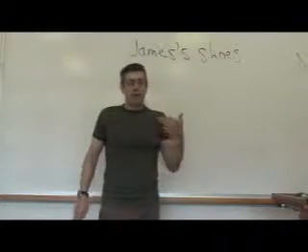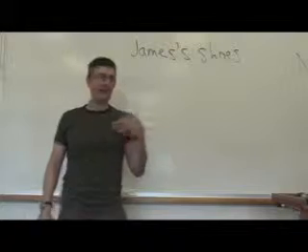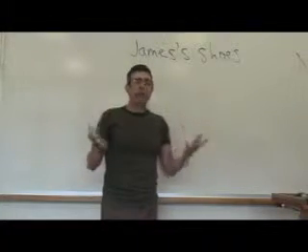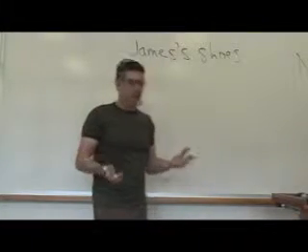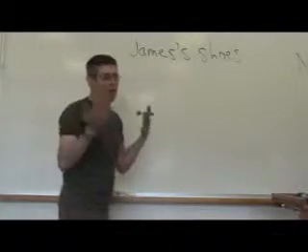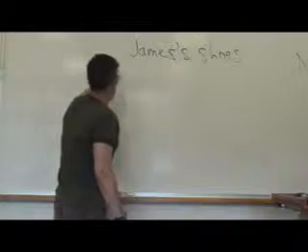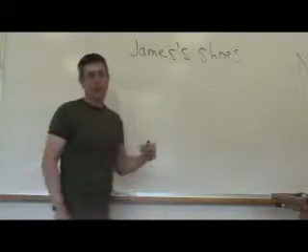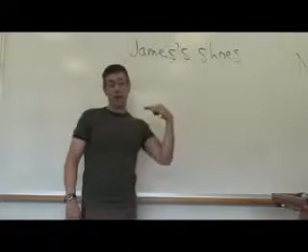Now, where people get all mixed up, and they don't believe it when I point this out to them, but it's true. Let's look at proper family names. Suppose there's a family called the Simpsons, all right?